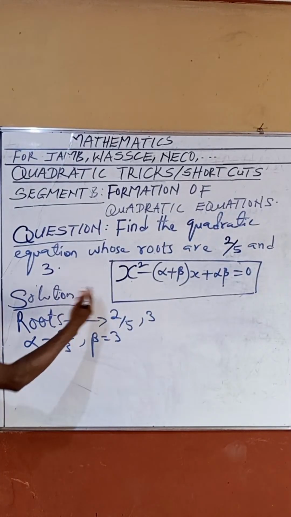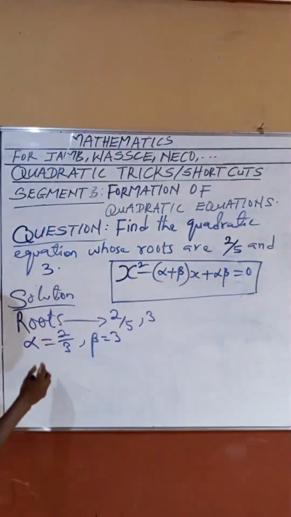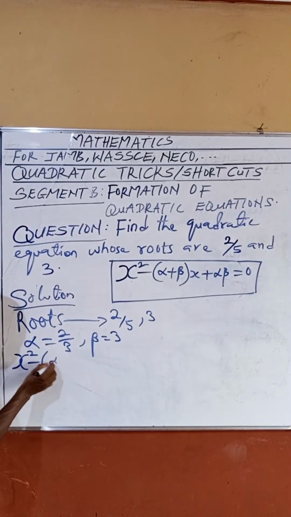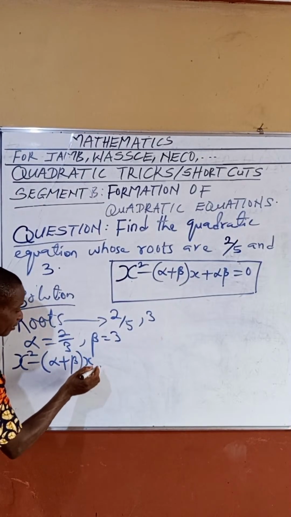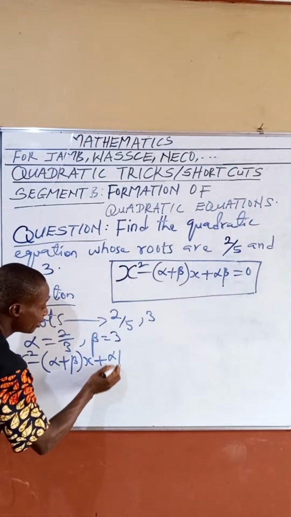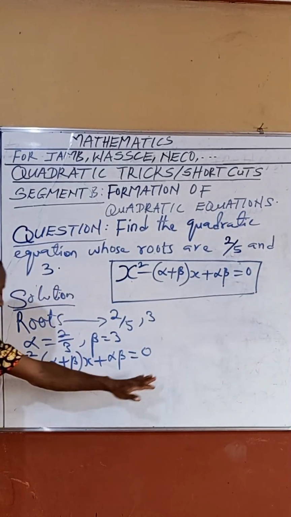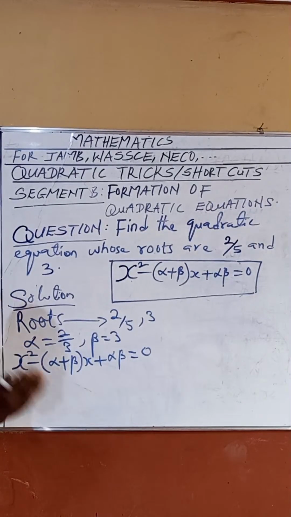Okay, we have written the solution already. We are substituting into this expression. The expression is x squared minus open bracket alpha plus beta close bracket x, then plus alpha beta, all equal to 0. Please don't forget this expression. It's very important. Please do well to learn it.